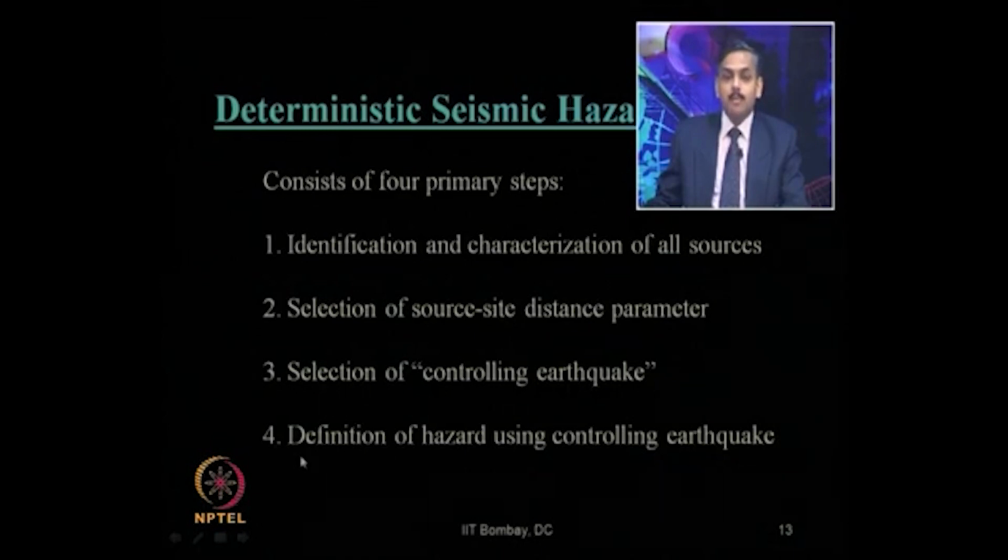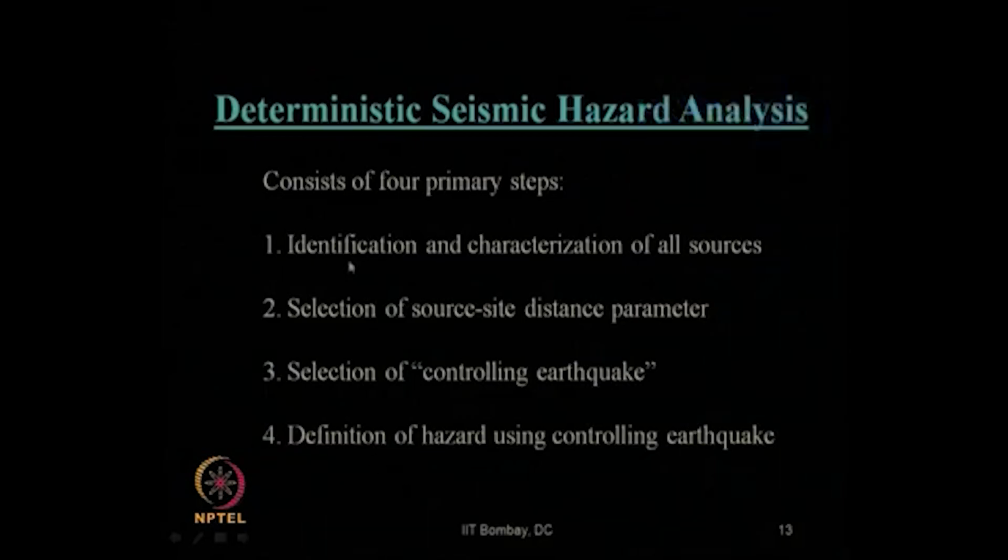And the fourth or last step is definition of the hazard using that concept of the controlling earthquake for your proposed site. So, that will give you the final hazard value for your proposed site.